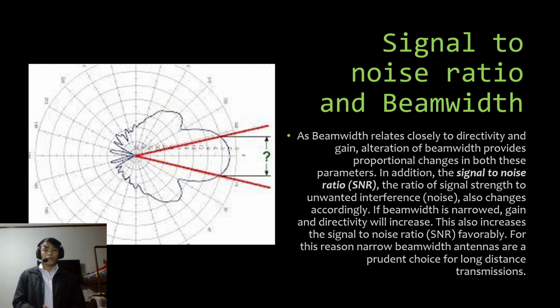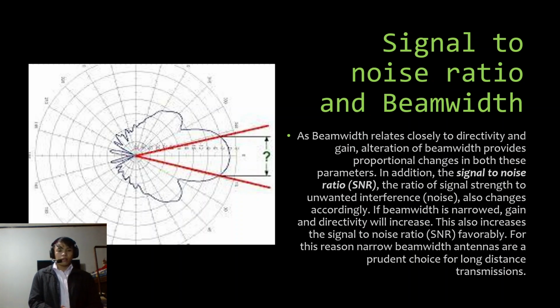So, signal to noise ratio and beam width. As beam width relates closely to directivity and gain, alteration of beam width provides proportional changes in both these parameters. In addition, the signal to noise ratio, or SNR, the ratio of signal strength to unwanted interference, also changes accordingly.